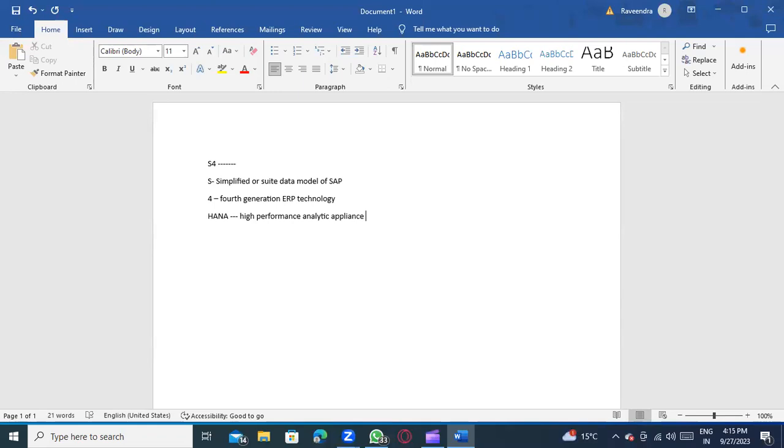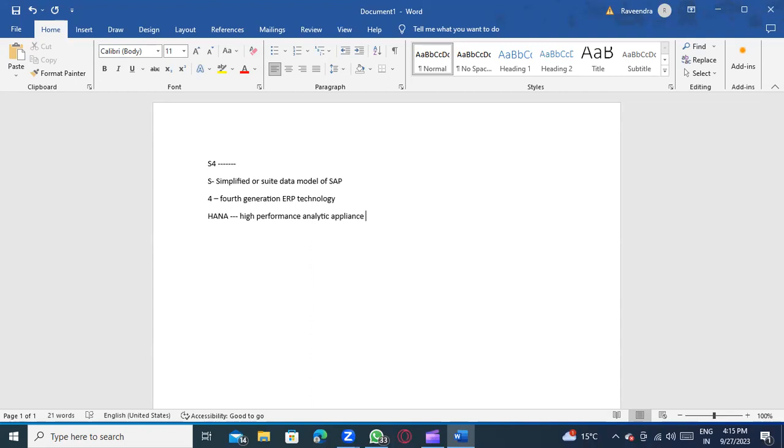So this is the major thing we understood about S4 HANA, and why we are using S4 HANA. When did it start? The next generation business suite design, only on the HANA server, started in 2015. The HANA database was introduced in 2011, but the full-fledged HANA database with all the applications started in 2015. It is in-memory multi-model data management with full advantage of its capabilities.